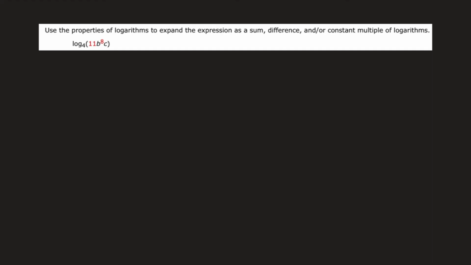To expand it, you just have to remember that multiplication turns into addition, division turns into a subtraction. So since we have nothing but multiplication here, I have log base 4 of 11 plus log base 4 of b to the 8th plus log base 4 of c.